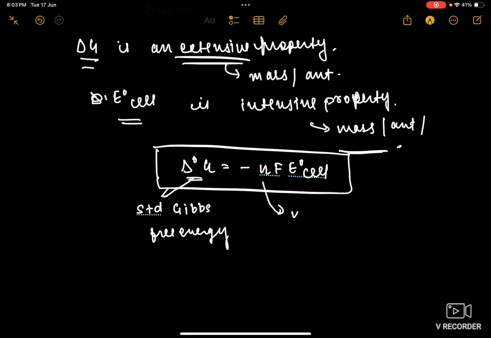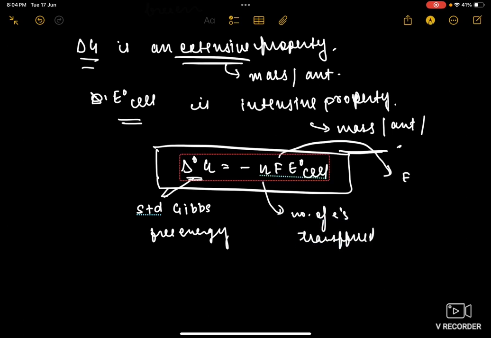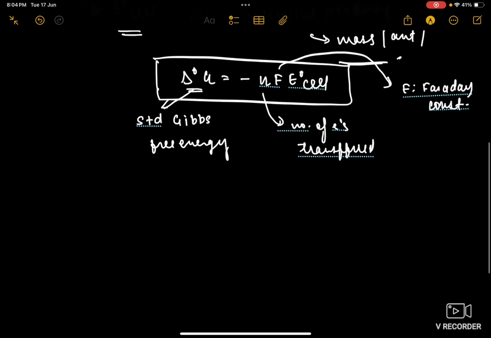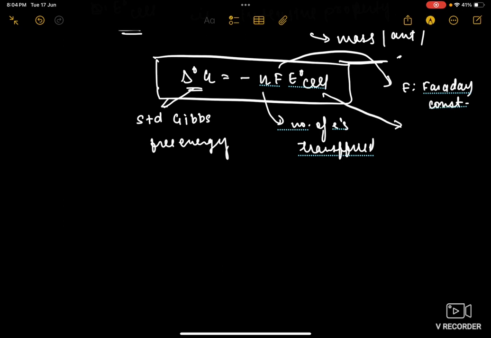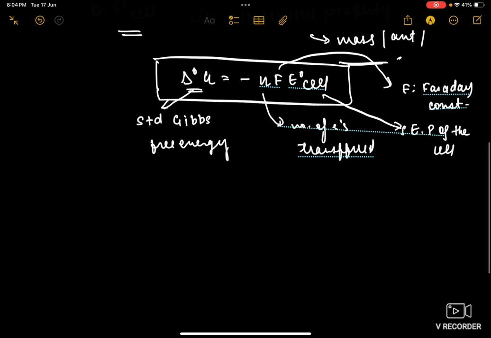n is the number of electrons transferred or exchanged during the reaction, whereas F is our Faraday constant, and E naught is the standard electrode potential of the cell.